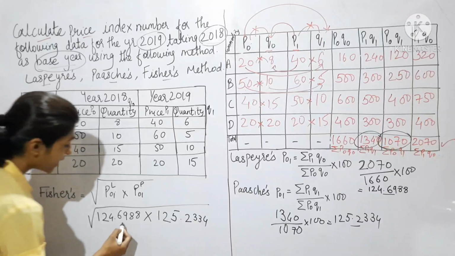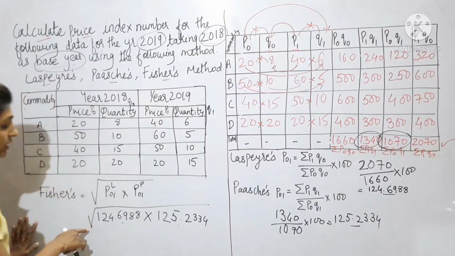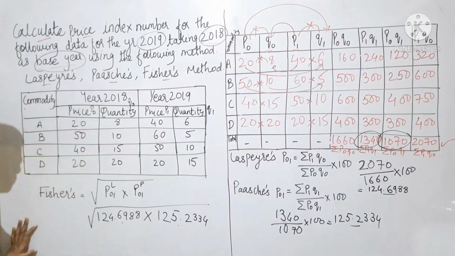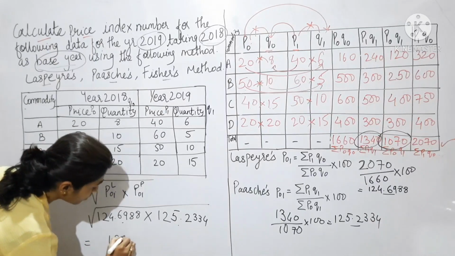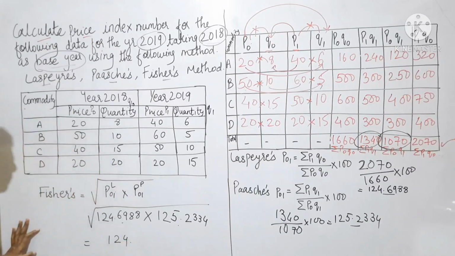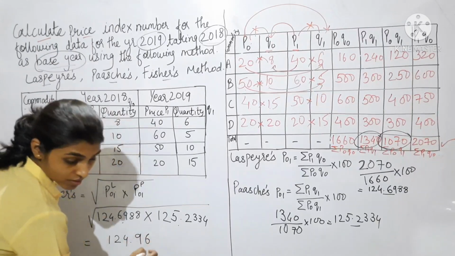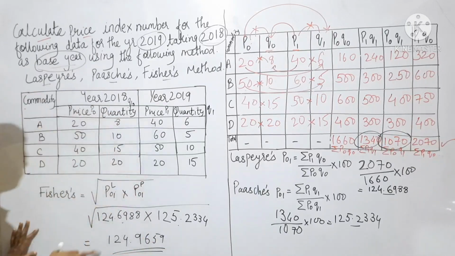Multiply these two and then find the square root of the product. The final answer you get is 124.9659. Okay, this is the answer for Fisher.